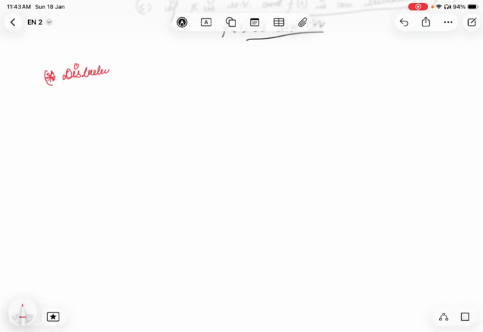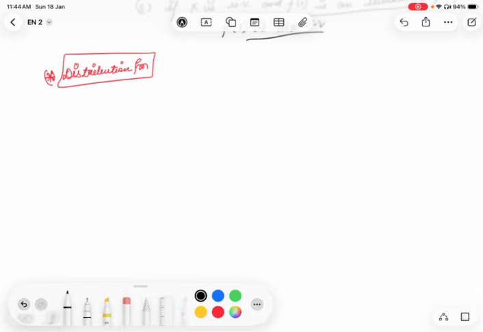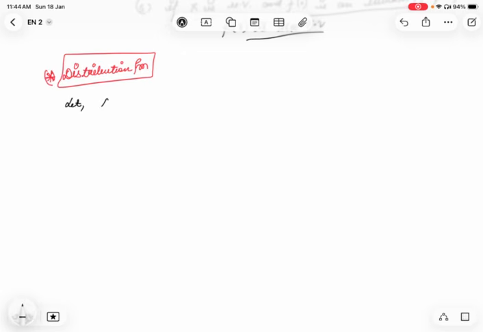Distribution function. Okay. So what is a distribution function? Let X be a random variable on the probability space (Ω, F, P). What is this?